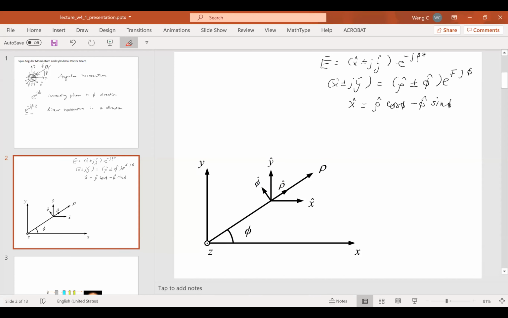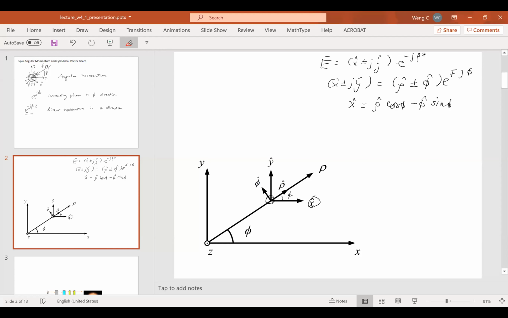You can see that x hat, which is this unit vector, will be rho hat cosine phi plus phi hat minus sine phi. You can go through the trigonometry component analysis over here. You find that x hat is due to rho hat and phi hat, and contributions are according to these components.